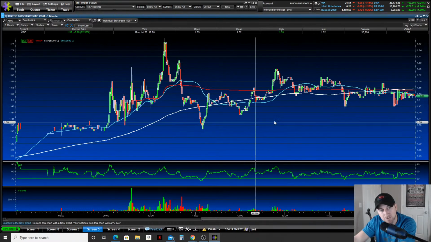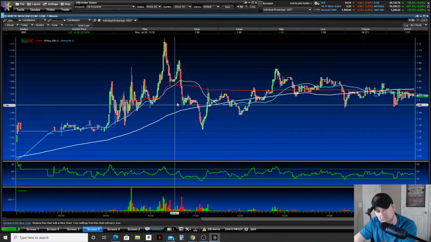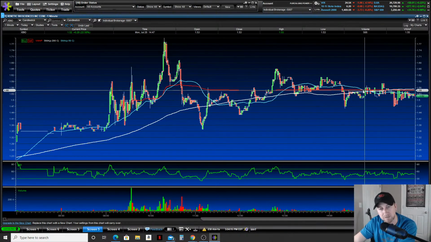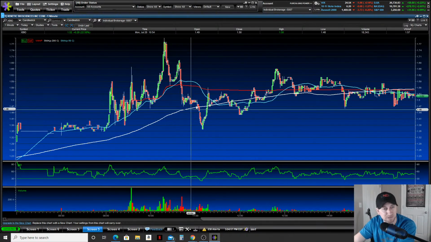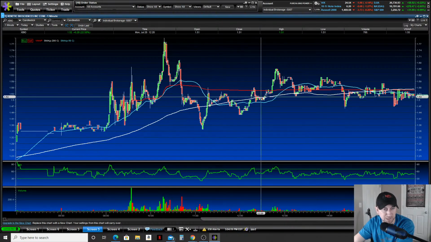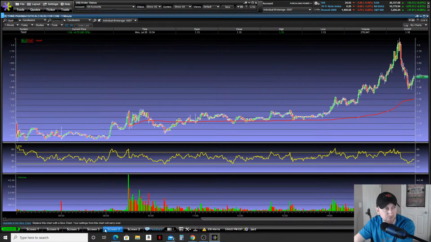When you look at the chart, you can kind of see that. Me personally, when I look at this chart, I am not going to trade it just based on how it looks. It doesn't look like it has the volume. If you look at that chart compared to TNXP, you can see how smooth this looks on the 1 minute. You can tell that the volume's there. You look down here and you can see all the volume.